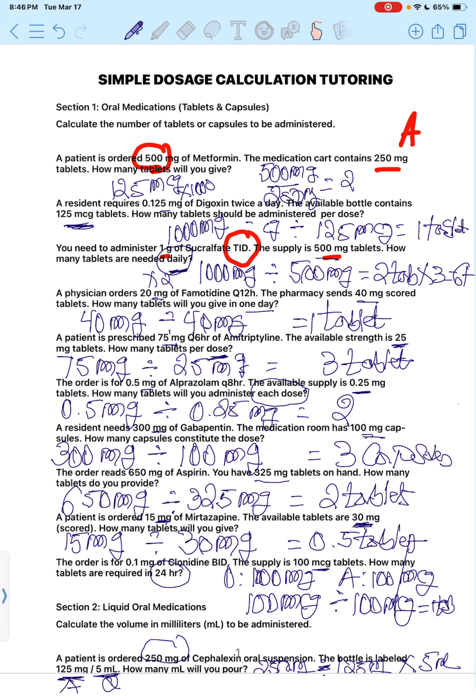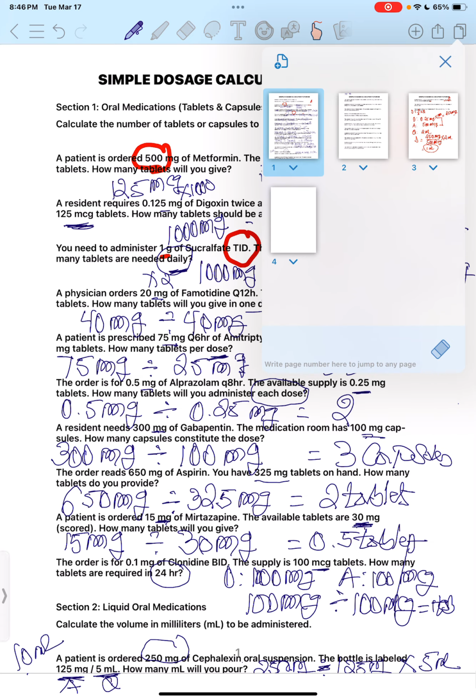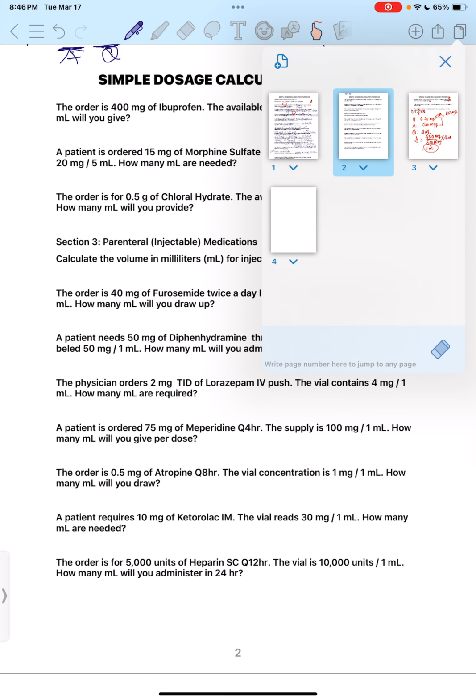So 250 divided by 125 gives you 2. 2 times 5 gives you 10 milliliters. So this is going to be 10 milliliter. Okay, so let's move on to the next one, and that's where we're going to end for today.